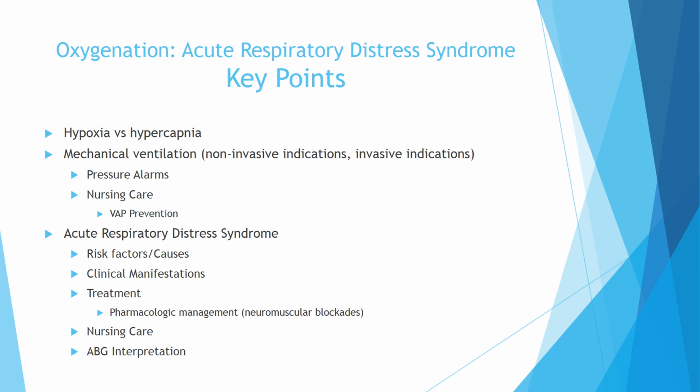So some key points again, because I know this is a big lecture, but I hope that I explained it in a way that helps you to understand the significance of a complication like ARDS, because these patients are so critically ill. And I know that you guys aren't caring for critically ill patients, but if you end up in a work environment like an emergency room, you might come across these patients, because you don't know what can come into an ER.